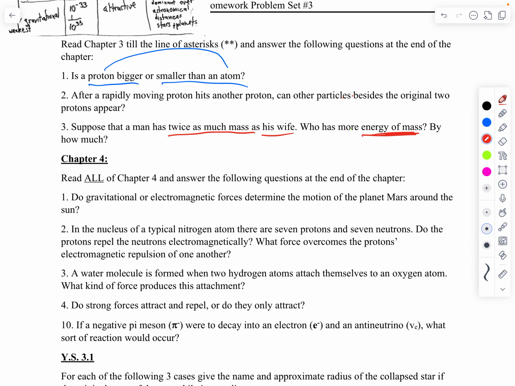Energy of mass is this. It's the Einstein equation. So it's E equals mc squared, where c is the constant. In algebra, when you say a constant, it means a number that doesn't change. Like let's say the gravitational acceleration constant is 9.8. This number doesn't change no matter where you are on Earth.